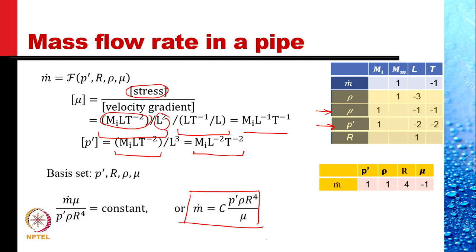A single experiment would be enough to establish the value of c. Since there is only one pi number involved in this formulation of the problem, this is a very powerful result.